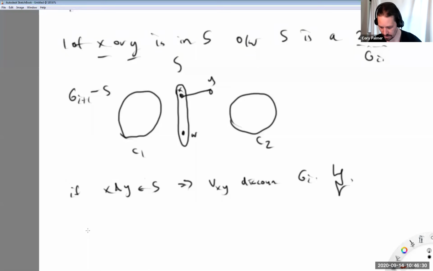Is this right? This line here is bugging me. I don't know if we even need this.